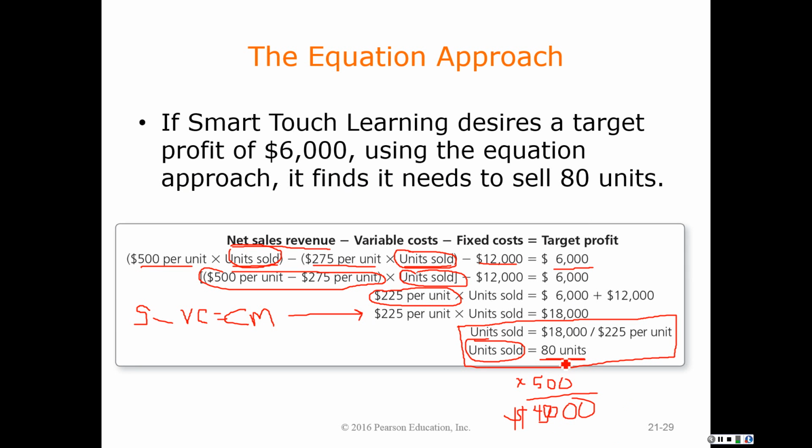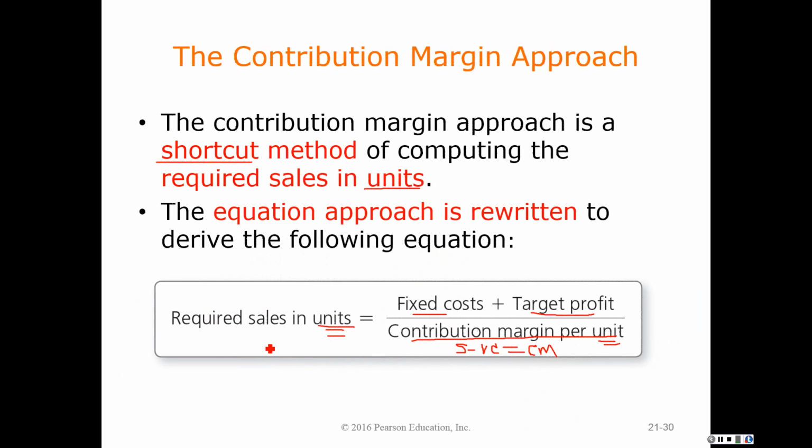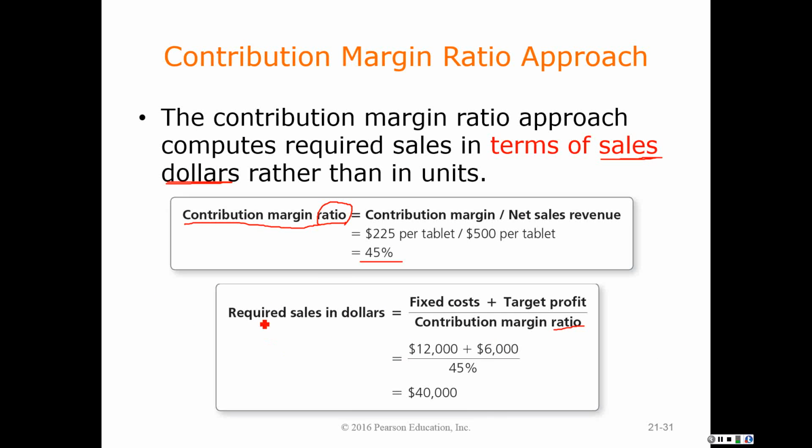I either know the number of units I need to sell and multiply it times the sales price of 500, or I can use the contribution margin ratio approach and divide my fixed cost and target profit by my contribution margin ratio. It will generate sales. Let me say that again: if I divide by the contribution margin ratio, I get the number of sales dollars that I need to generate this profit.